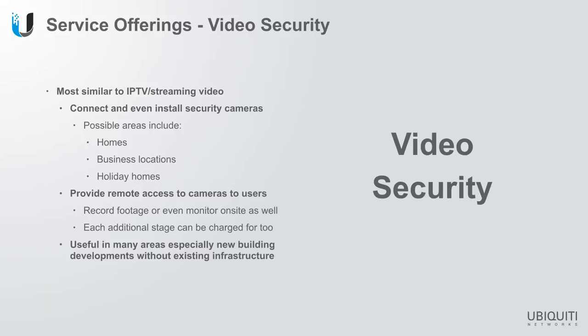And these can also be very interesting revenue streams that we can support with things like airMAX AC and airFiber, because we're able to provide very consistent and scalable wireless connectivity to these cameras, and then we can provide recording even on site in something like a Unify NVR, for example, and we can charge the user for each additional stage of that. So definitely take a look at things like video security, especially in new building developments that don't have existing infrastructure, if you're interested in that as an additional revenue stream for your WISP as well.